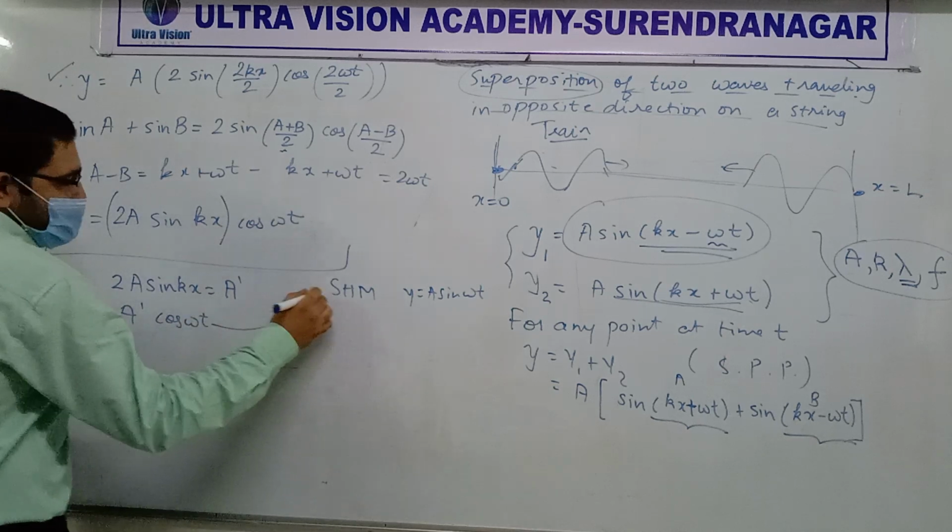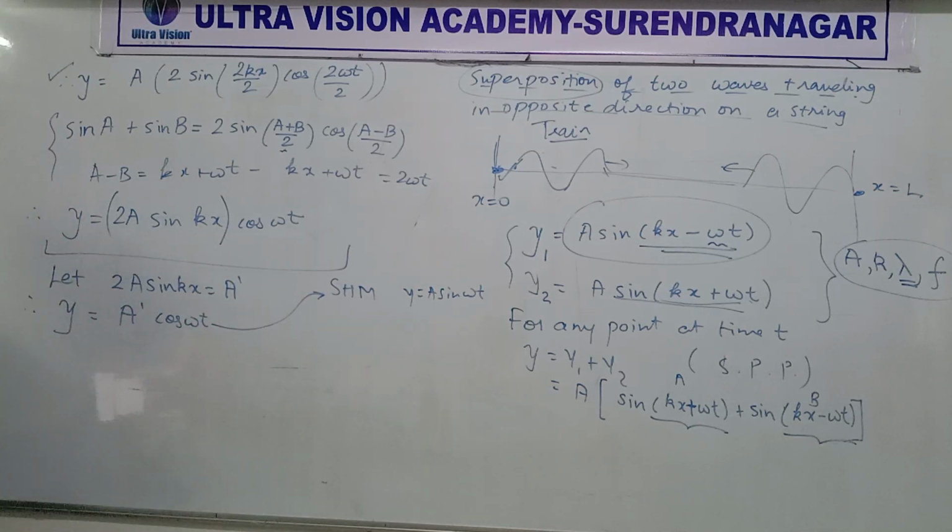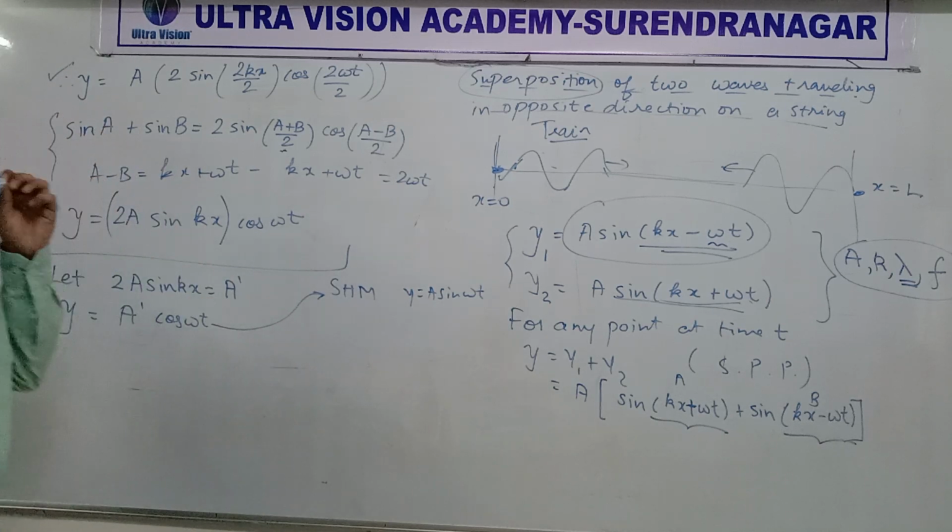Do you realize that this is nothing but equation of simple harmonic motion? Okay, so what's happening here? Is this equation of a wave or is this simple harmonic motion's equation, right? We have a problem. Let's solve that out.